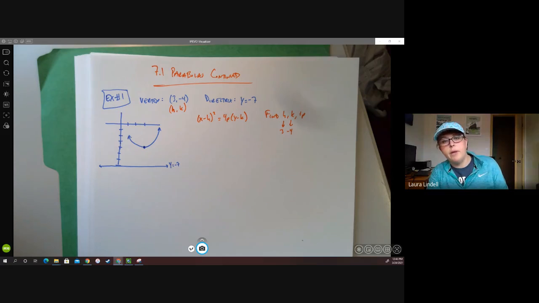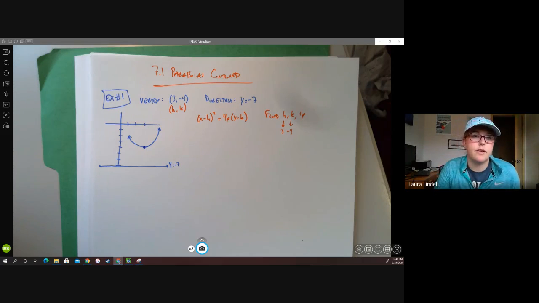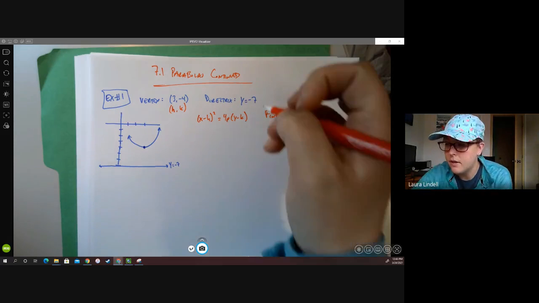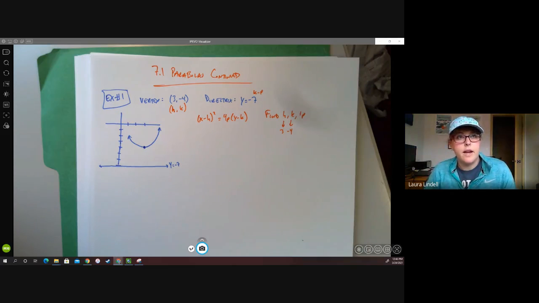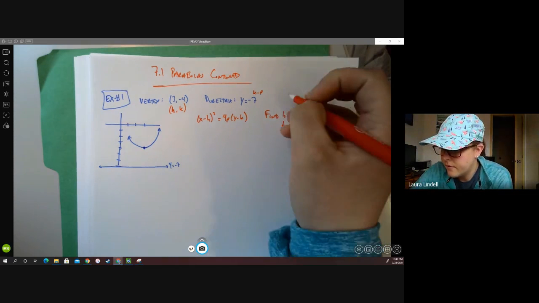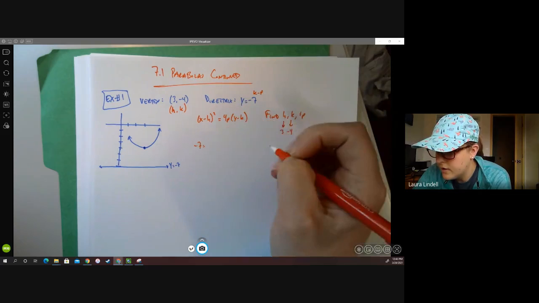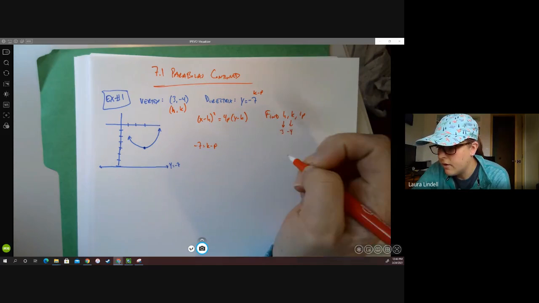And so to figure out what p is, that's where we have to use the directrix. In this case, remembering back to our notes from yesterday, if the directrix is y equals something, it's y equals k minus p. So we know that -7 is equal to k minus p.